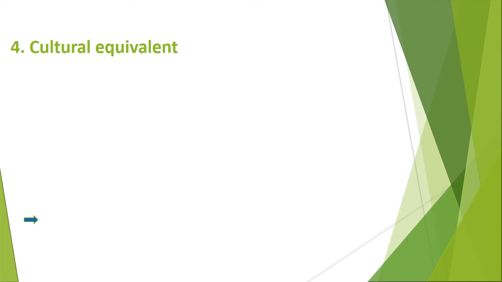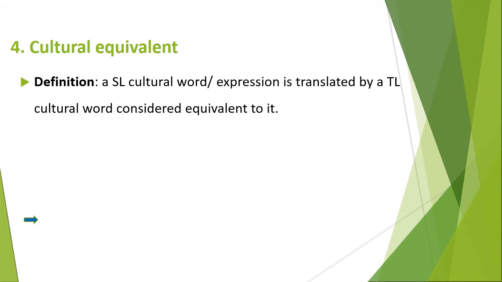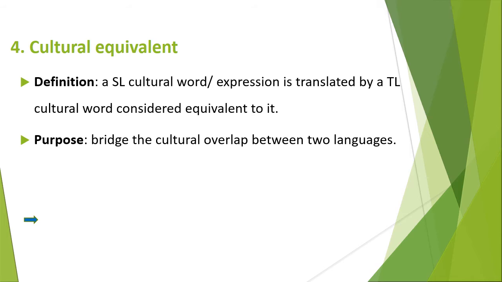And the fourth one is cultural equivalence. It's when a source language cultural word or expression is translated by a target language cultural word considered equivalent to it. The purpose of this is to bridge the cultural overlap between two languages.